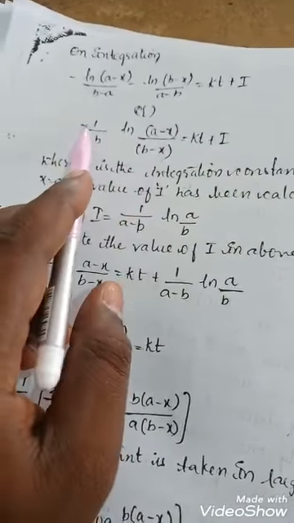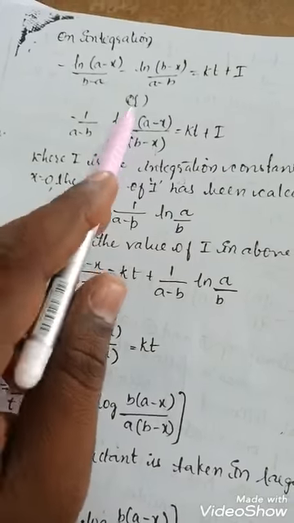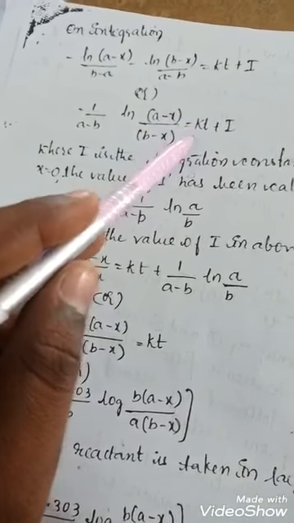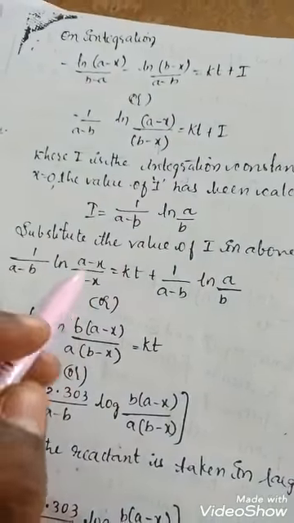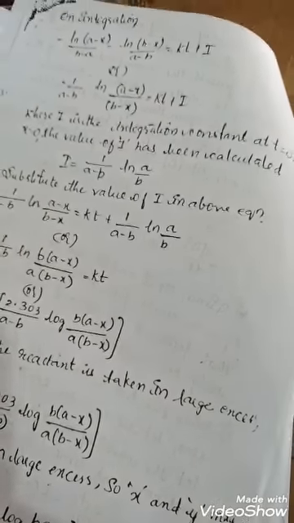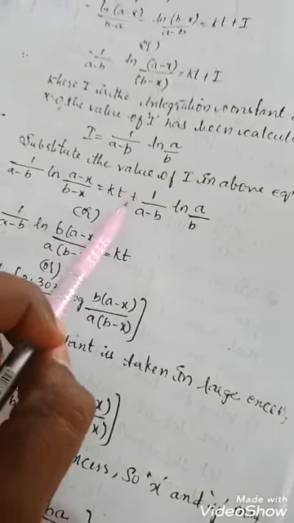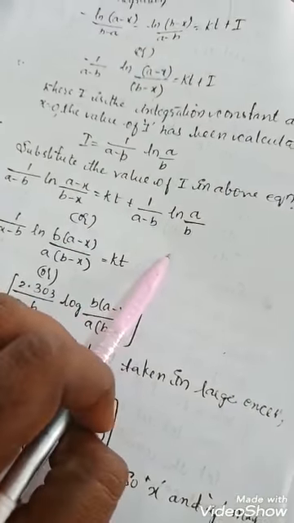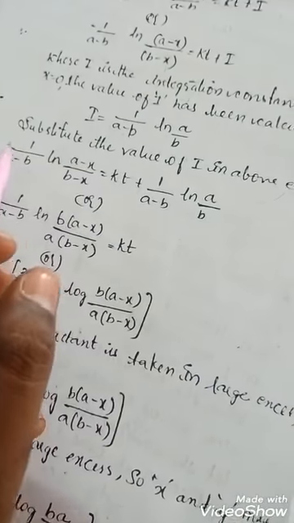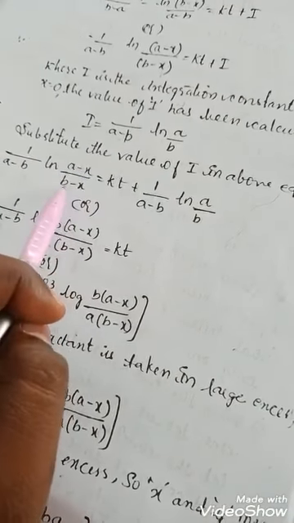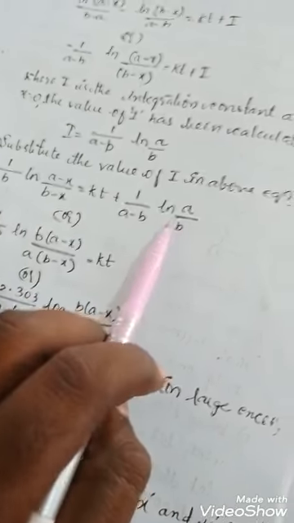So minus 1 by (a minus b) log (a by b) equals I. Substitute the value of I in the above equation, because this is the integration constant. So minus 1 by (a minus b) log (a minus x) by (b minus x) equals kt minus 1 by (a minus b) log a by b.